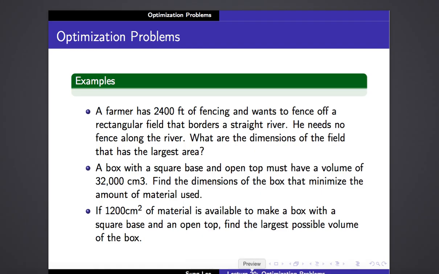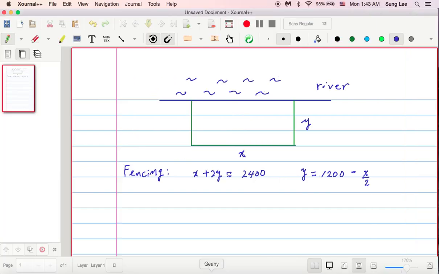Area is the quantity we are looking at. So I am going to write down an area function, a function of x. The area of this field is going to be given by x times y.